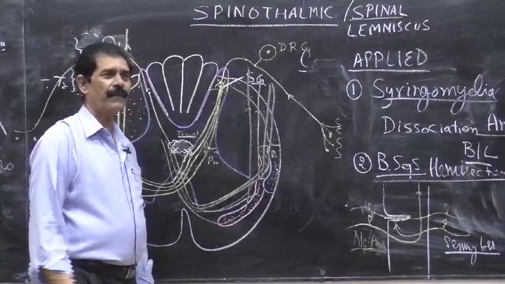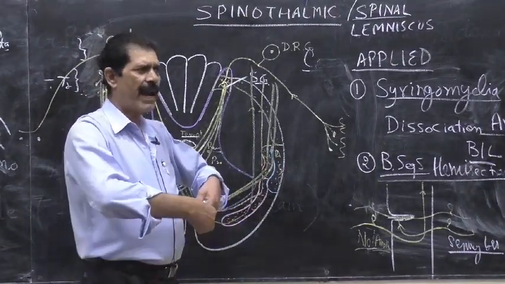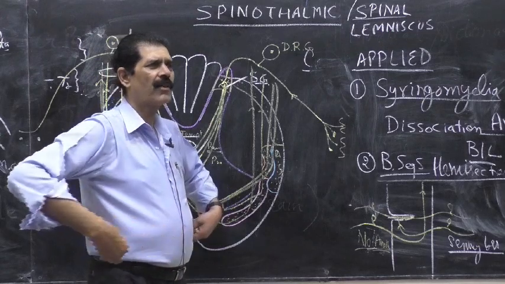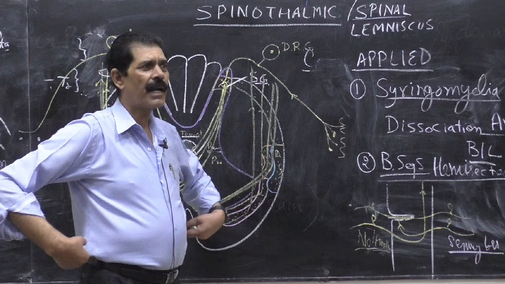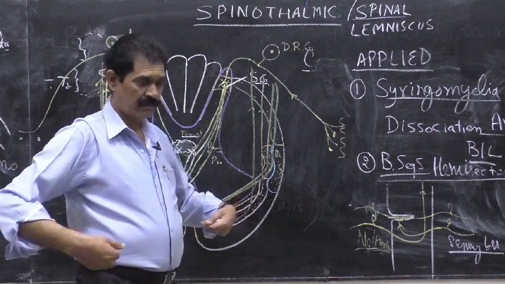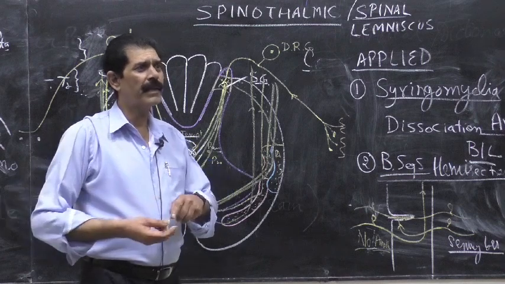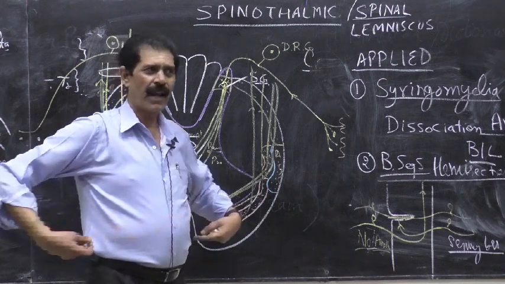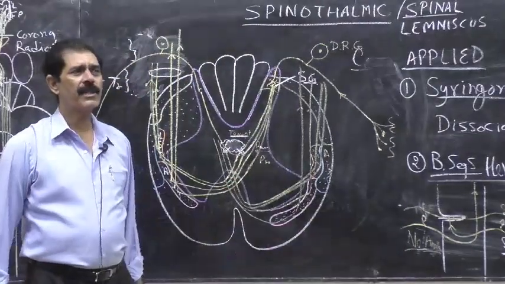And the patient feels a band-like sensation of sensory loss, as if somebody has tied a rope. Because there is a bilateral strip of loss of pain, temperature, pressure and touch at the level of the lesion. So this type of sensation the patient feels.